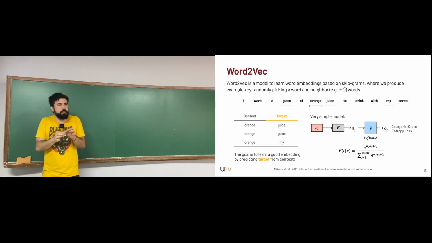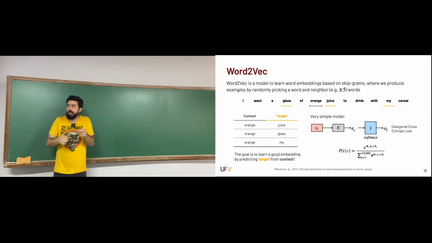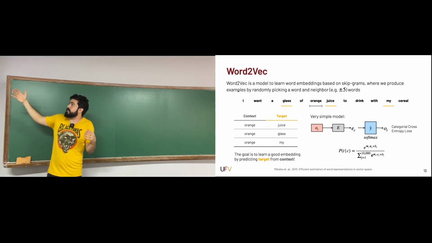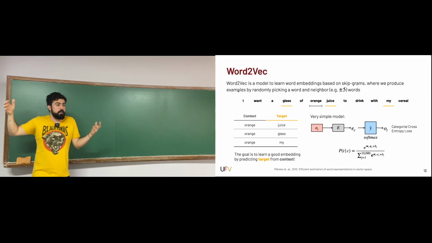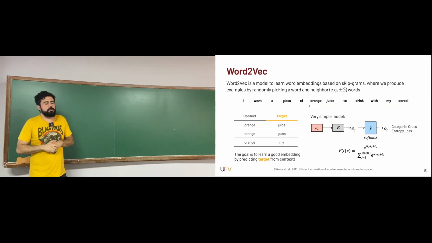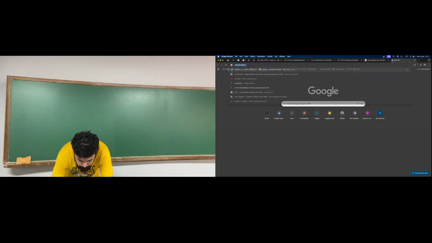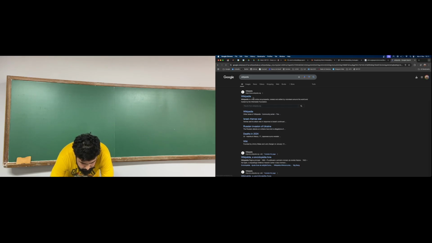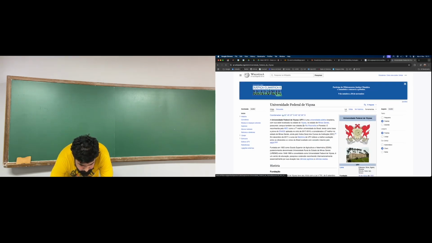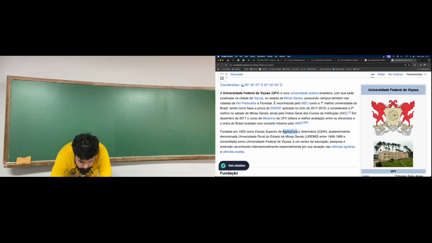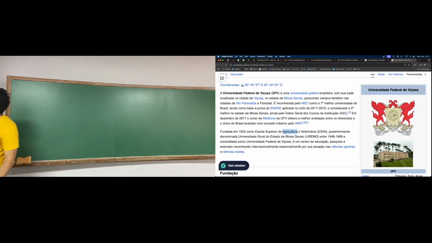So I want to pick a word and some other word that is a neighbor of this word. The idea of neighborhood is just a window of a certain size, for example, of 5. One way to imagine this would be going to Wikipedia, searching for UFV, and downloading this article. Pick a random word, let's say agricultura, and then define a window of size 5.